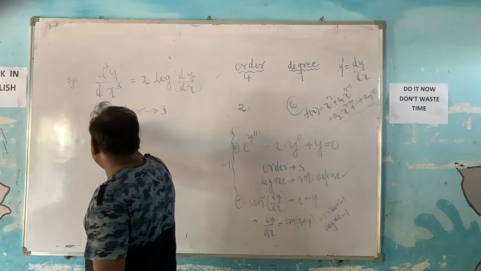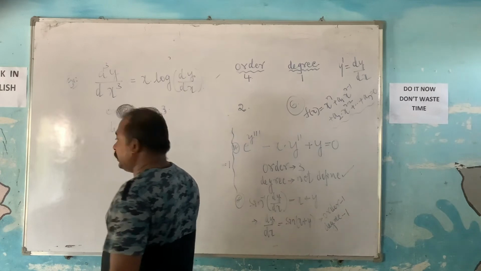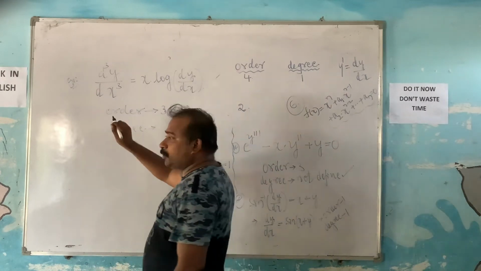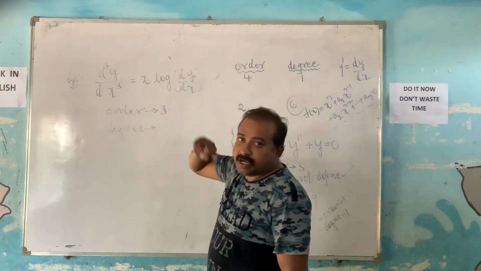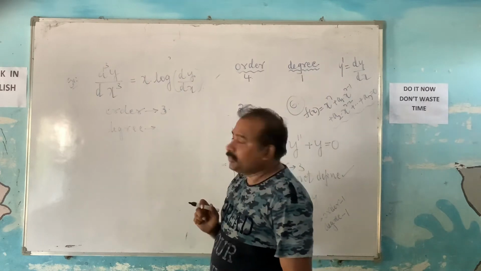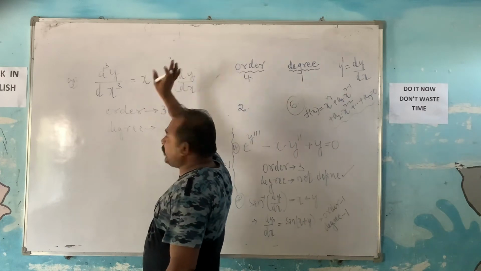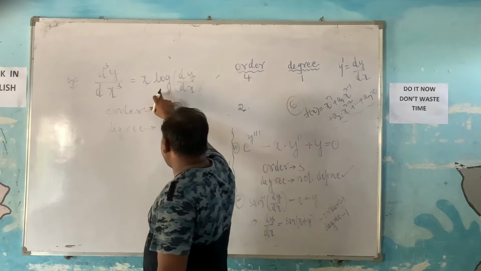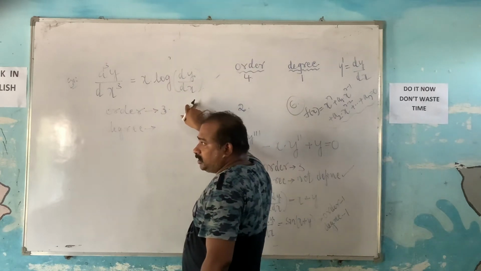Then degree. When we are discussing the degree, the equation should be free from fractional powers and it should be a polynomial equation involving differentials. So here, this is free from fractional powers, that is okay. But is it in the form of a polynomial? No, log of dy by dx is there.